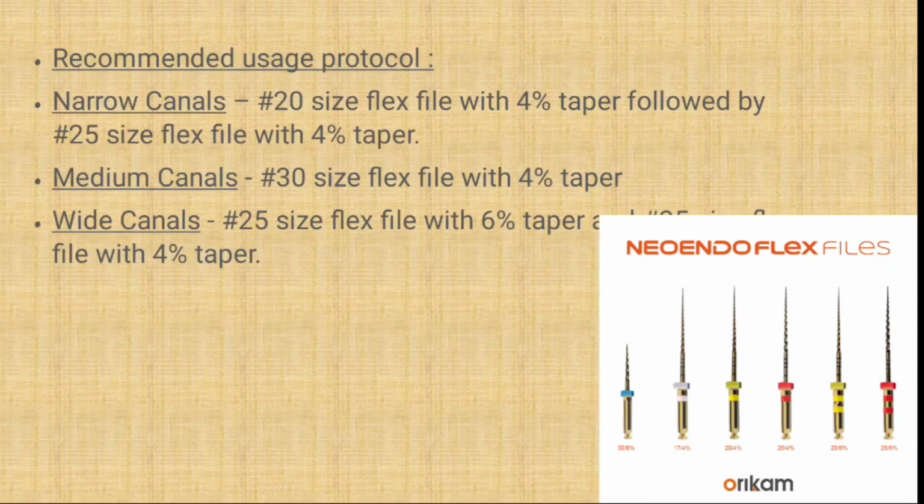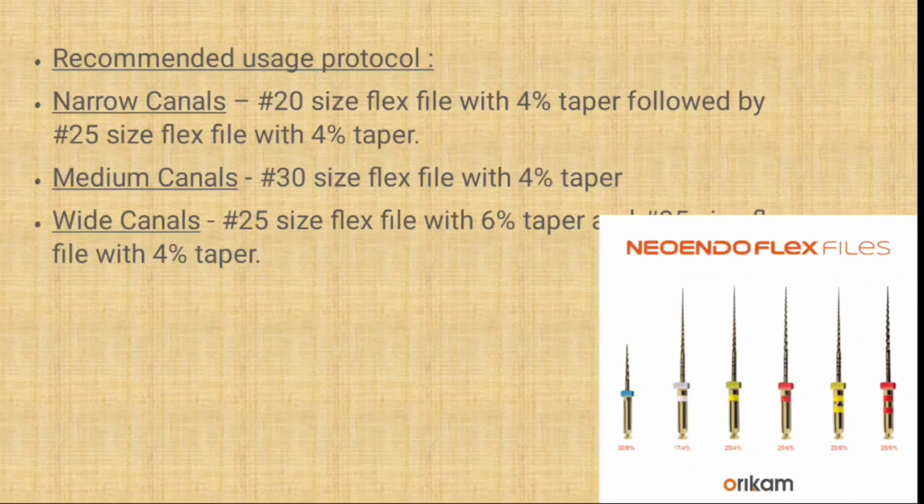The recommended usage protocol is, if you have a narrow canal, you have to use a 20 size flex file with 4% taper, followed by a 25 size flex file with 4% taper. Like if you have narrow canals, you start with the 20 size flex file, 4% taper, and then go along with the 25 size file.